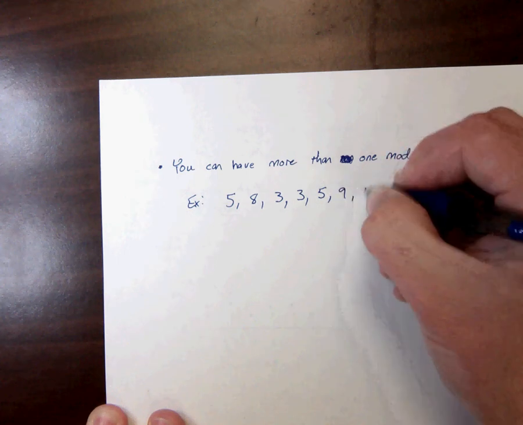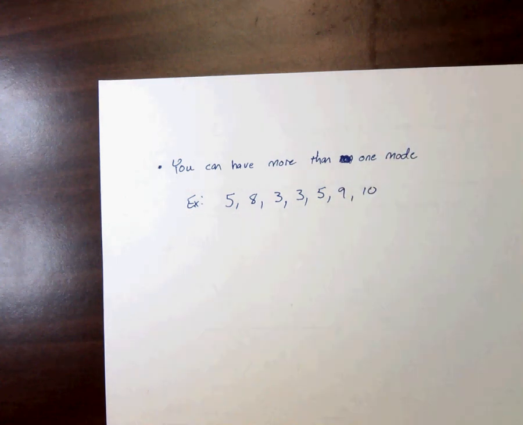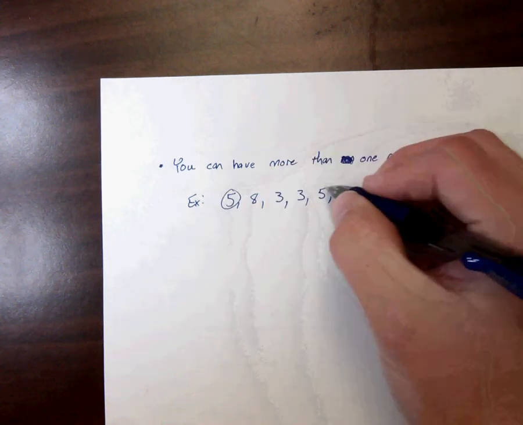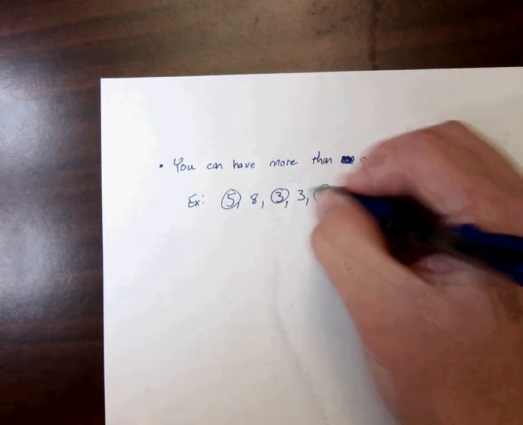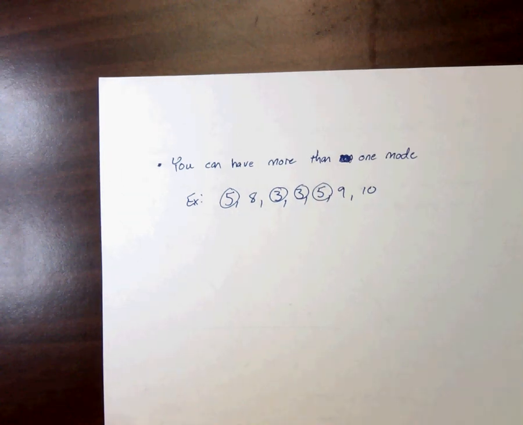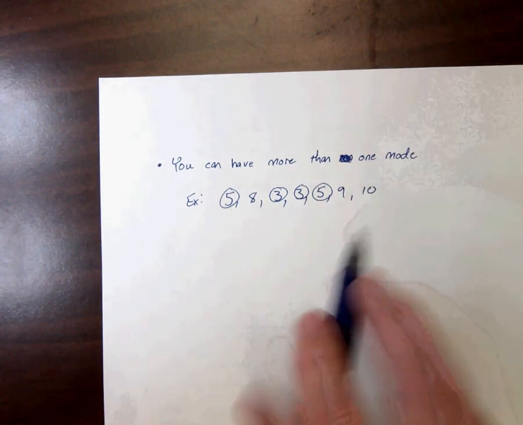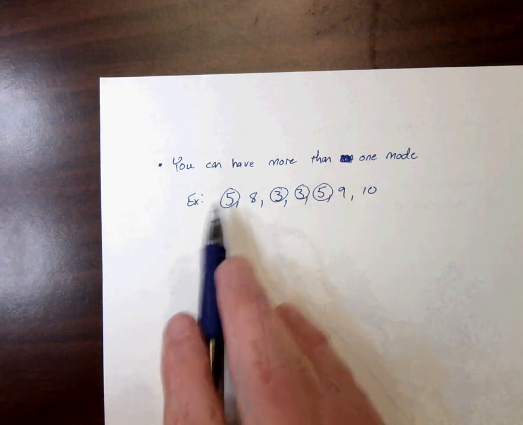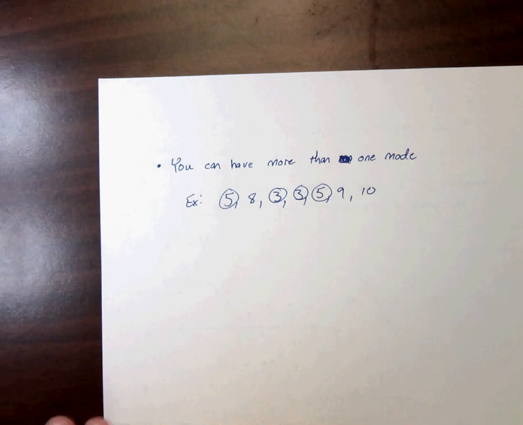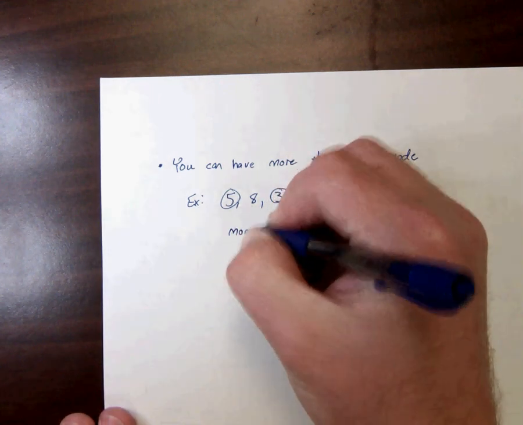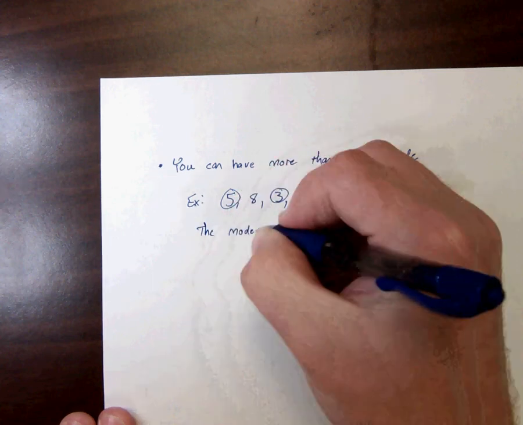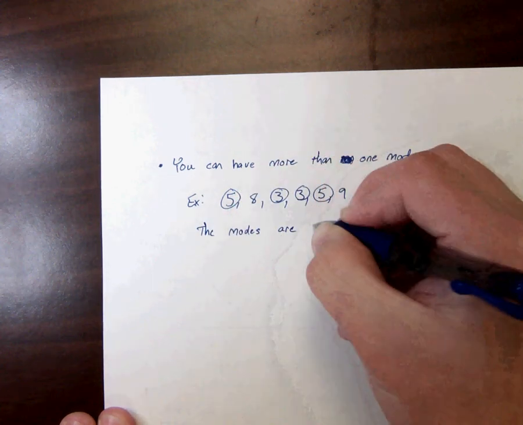If I said, what is the mode? Well, we have 2 5s and 2 3s. So in this case, we have 2 modes because both 5 and 3 happen twice. 2 more times than 8, 9, or 10. So in this case, our modes are 5 and 3.